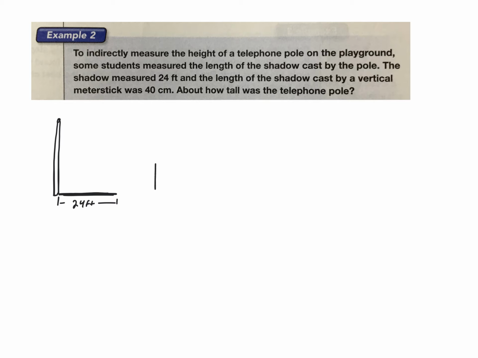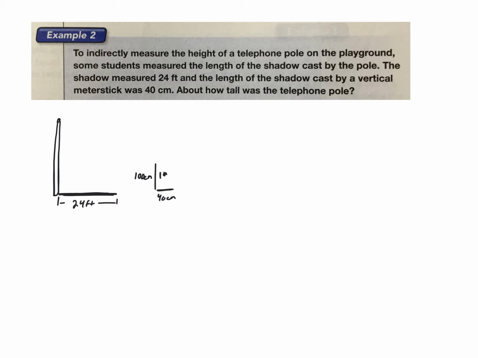That's the meter stick, and they found its shadow length to be 40 centimeters. So this is 1 meter tall. But since we have this measurement over here in centimeters, we want to talk about the height in centimeters, so they're the same. So that's going to be 100 centimeters.